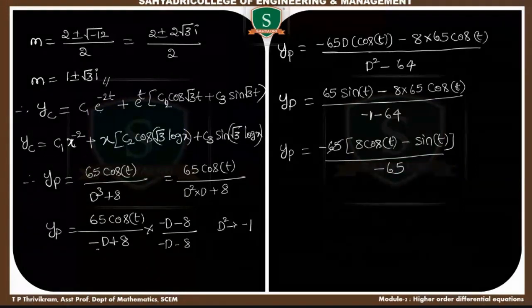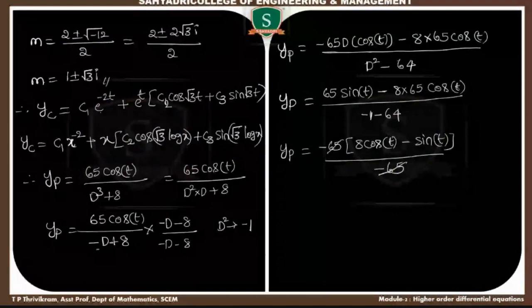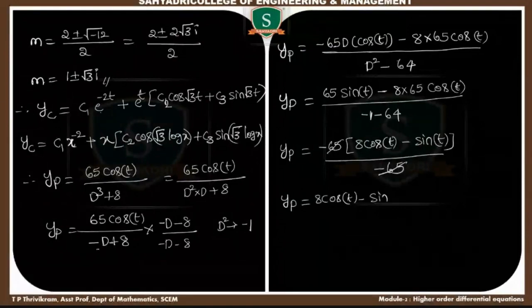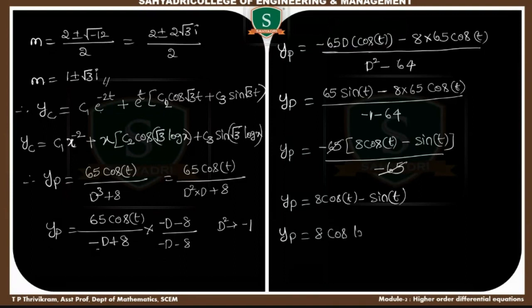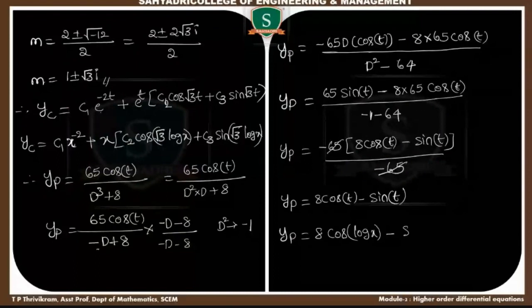So minus 65 minus 65 get cancelled. Yp is equal to 8 cos t minus sin t. So yp is equal to 8 cos log x minus sin log x.